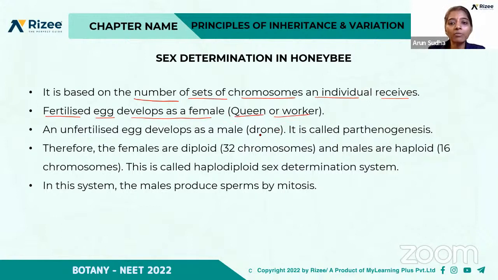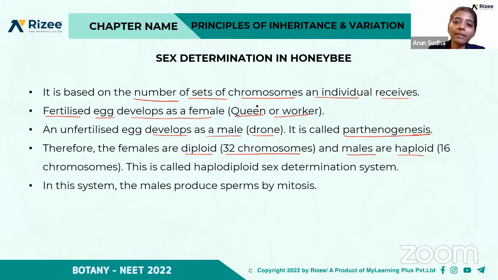But how is the male formed? It is due to the process of parthenogenesis. So without fertilization, a complete individual will be formed, and that process is called parthenogenesis. Okay, so the unfertilized egg develops as a male or a drone. Therefore, the females are diploid, that is, they have 32 chromosomes, but the males are haploid, that is, they have only 16 chromosomes.